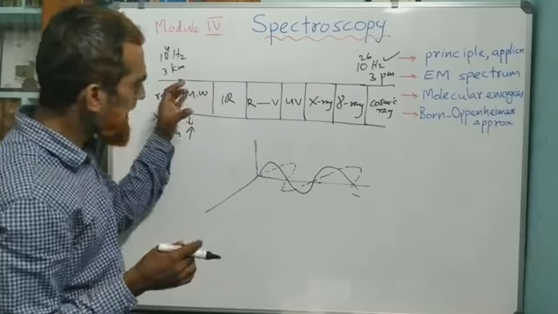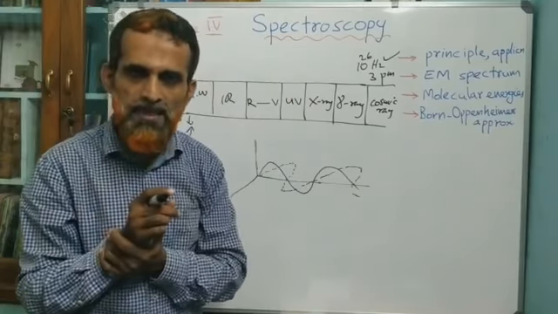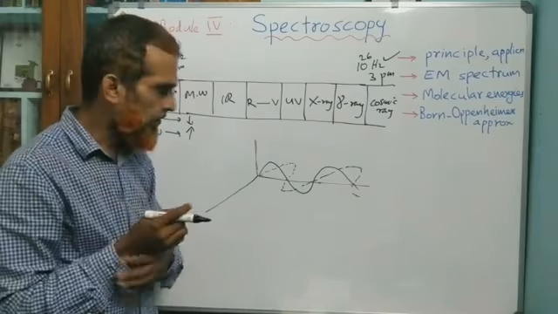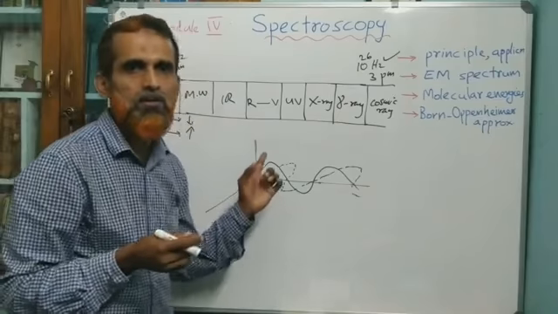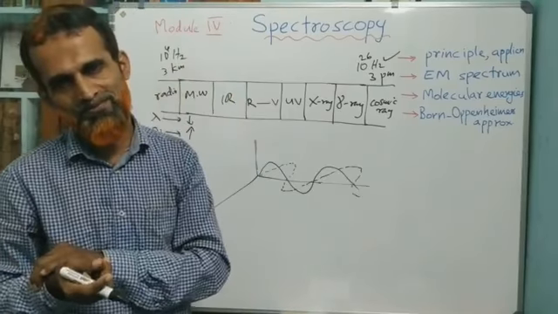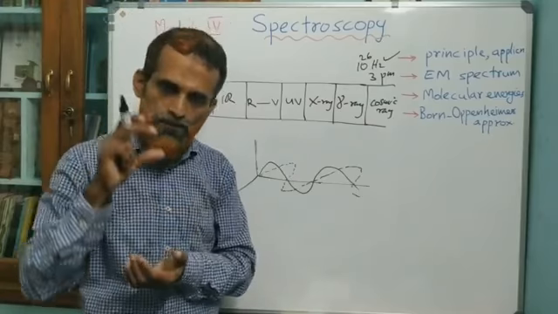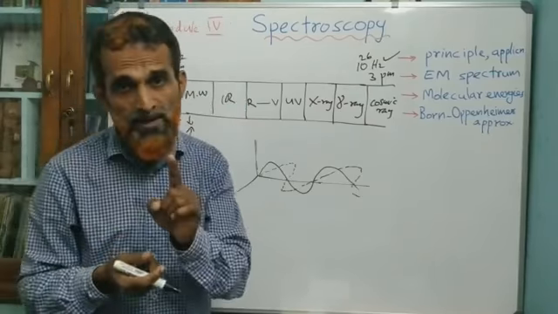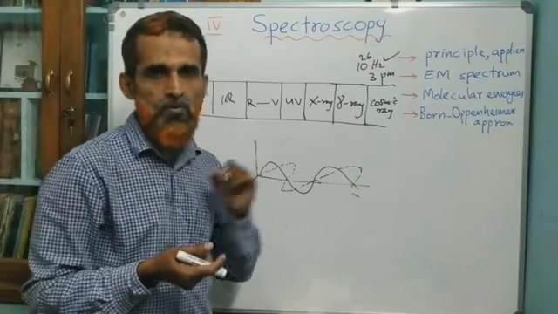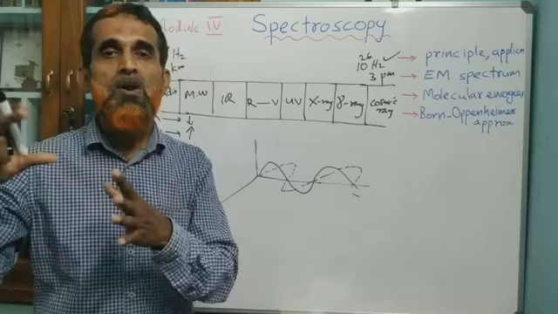So when a radiation interacts with the molecule during spectroscopy, what happens is that one of this wave, either electrical field or electrical wave or magnetic wave, will interact with the molecule, right? Then only absorption takes place. So absorption of radiation takes place only when one of the wave, electrical or magnetic, is able to interact with the molecule.